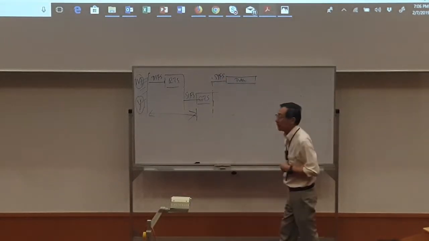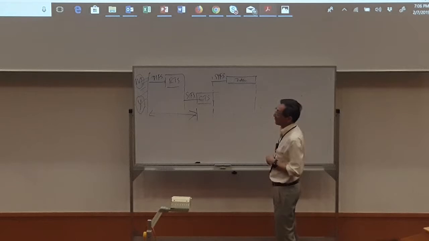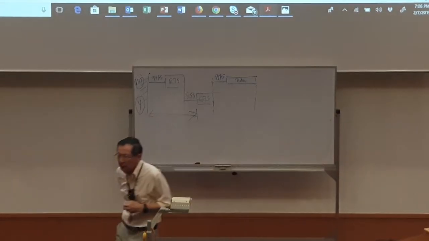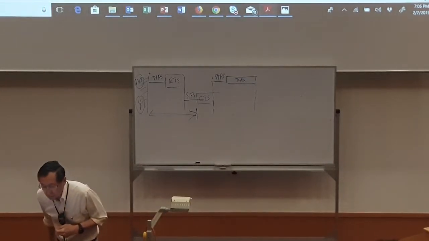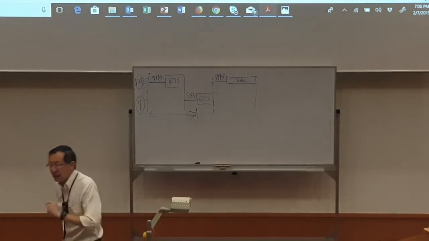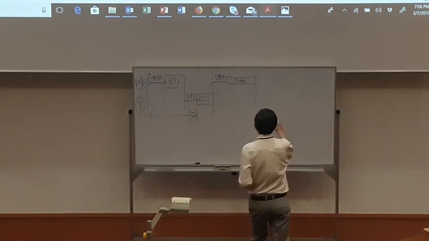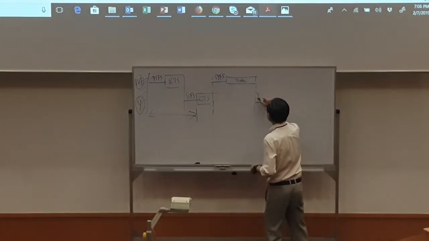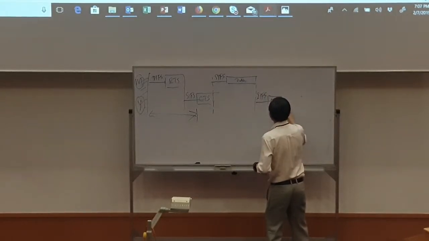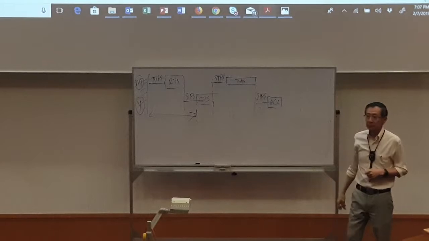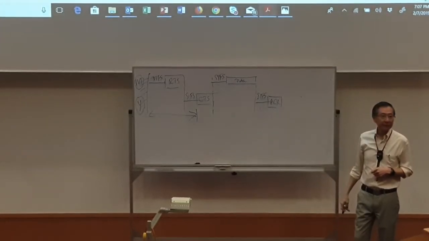Then you send the data. Finish already? When is the shortest time before you send the ACK? So again, you have the SIFS, and then you send your ACK here. Right? Okay?